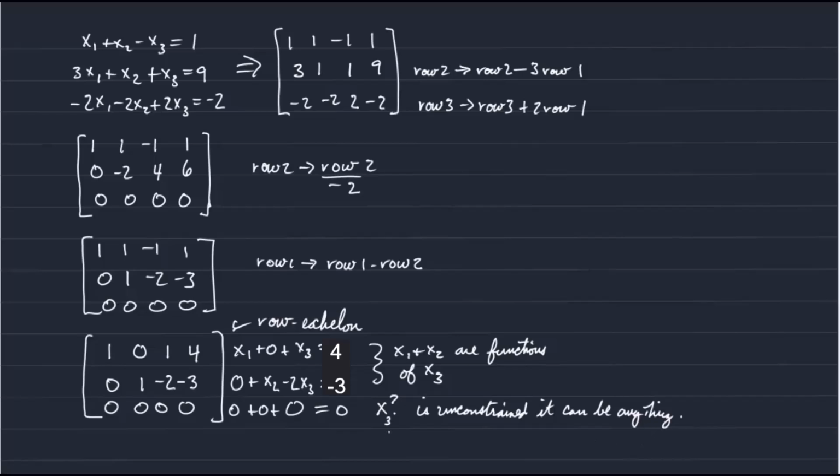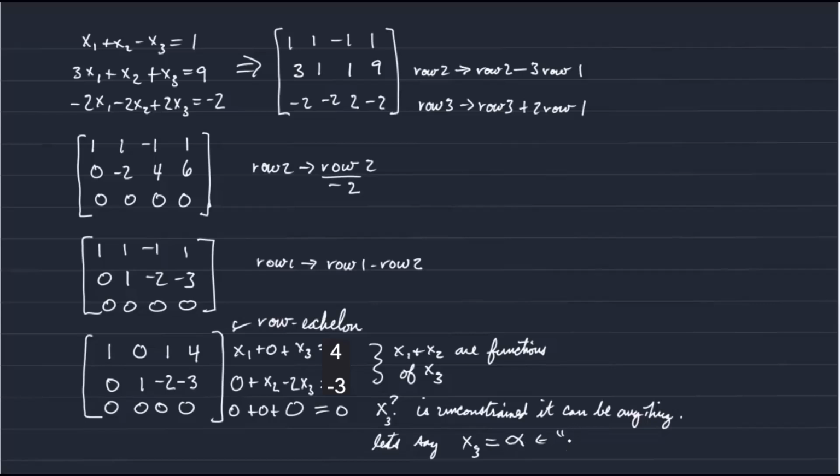That is, if we were to say, since x3 can be anything, let's just say x3 is a parameter called alpha.